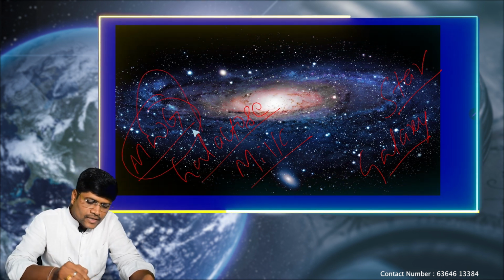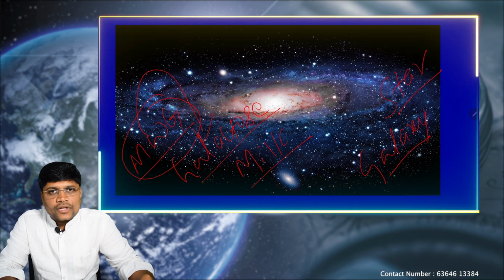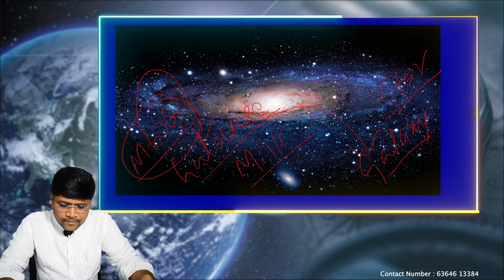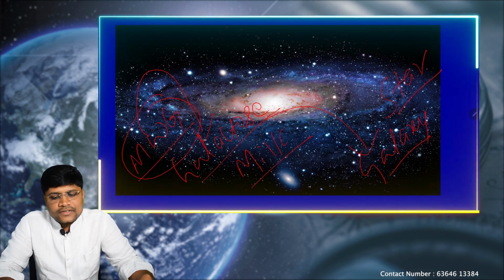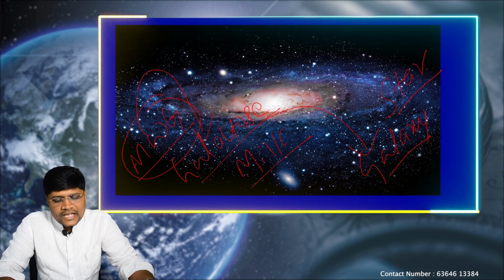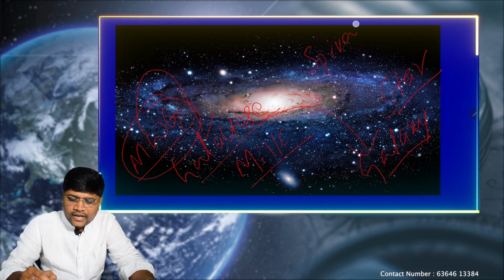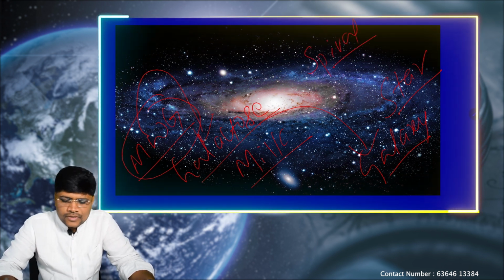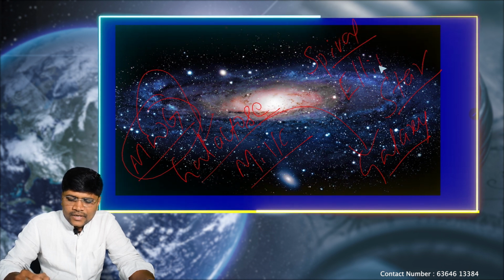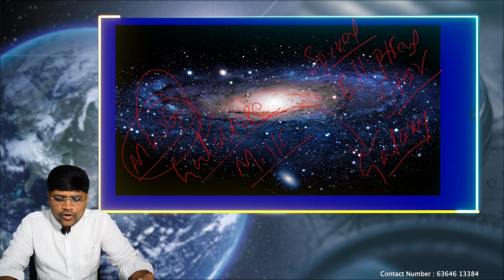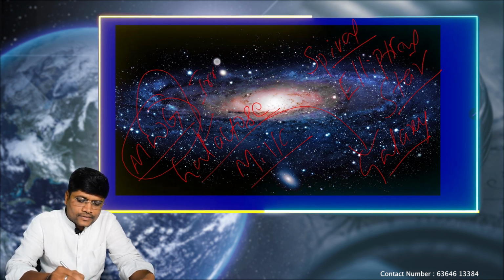So from this word galactose, the word galaxy has been derived. Based on shape and size, we classify galaxies into different types. Our own Milky Way galaxy is in a spiral shape. Some galaxies are in elliptical shape, and some other galaxies with no proper shape we call irregular galaxies.